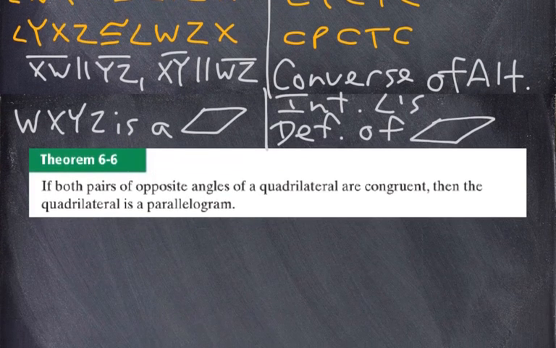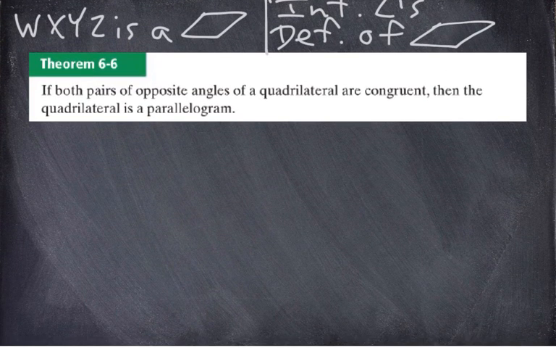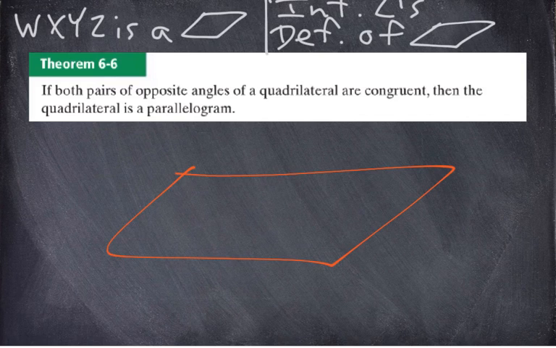Now here it says if both pairs of opposite angles of a quadrilateral are congruent, then the quadrilateral is a parallelogram. Same thing, but we're talking about opposite angles, and we'll get to that later. So if I give you a quadrilateral, and you know this angle and this angle are congruent, and these two angles are congruent, the whole quadrilateral must be a parallelogram.